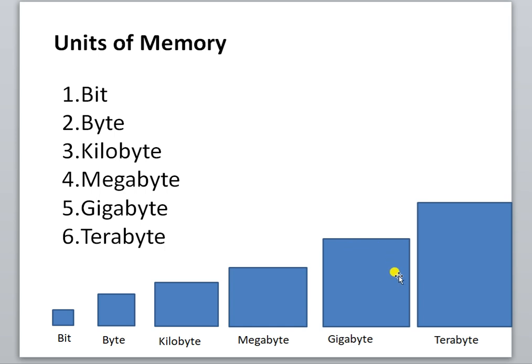If storage capacity is gigabyte, you can store a large amount of data. If storage capacity is terabyte, you can store a huge amount of data in that storage device. I hope everyone understood these units of memory. Which are the units of memory? Bit, byte, kilobyte, megabyte, gigabyte and terabyte.